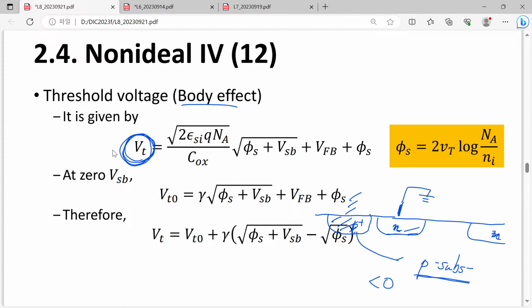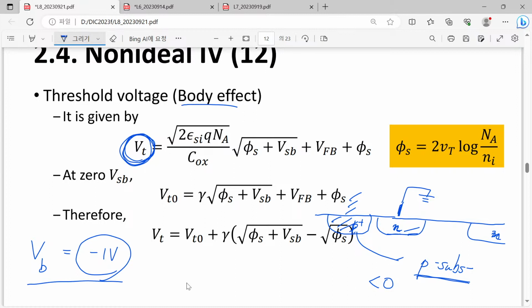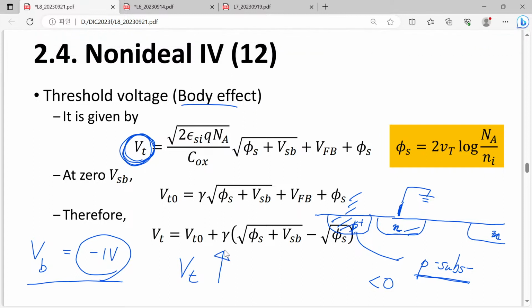I mean that, simply speaking, in the case of a MOSFET, if you apply, for example, minus 1 volt to your body, then your threshold voltage becomes higher compared with your threshold voltage when your body is grounded.